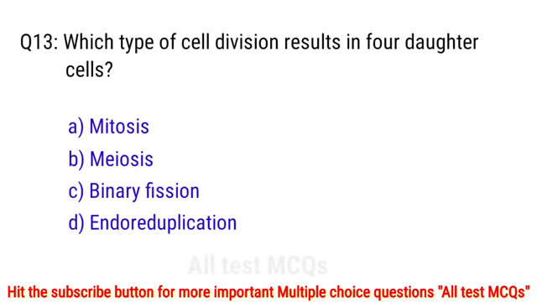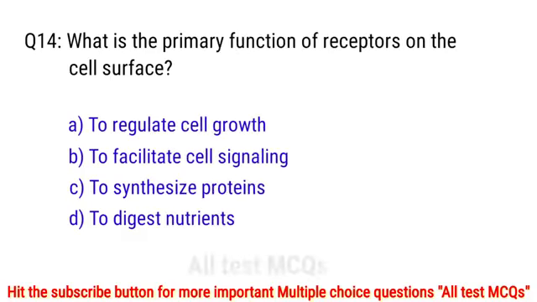Question number 13. Which type of cell division results in 4 daughter cells? The right answer is option B, meiosis. Question number 14. What is the primary function of receptors on the cell surface?